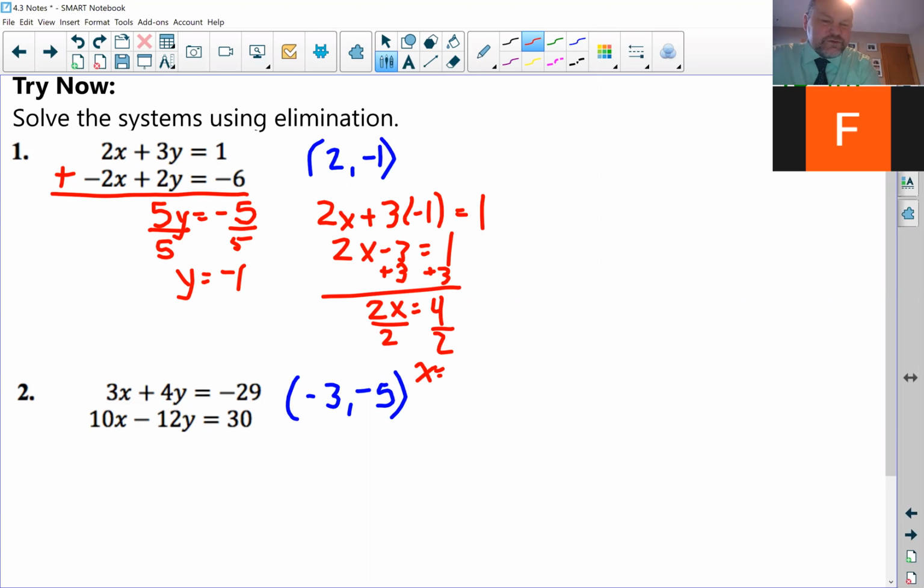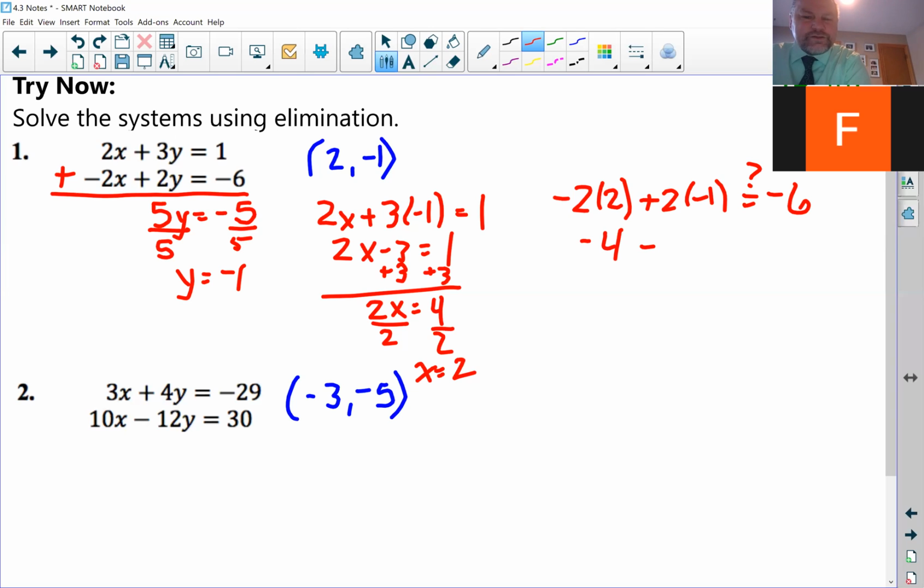We get x equals 2. Now I'm going to check my solution by plugging into the second equation. -2 times 2 plus 2 times -1, is that equal to -6? So -4 minus 2, or plus -2, either way. And -6 equals -6, it checks out.